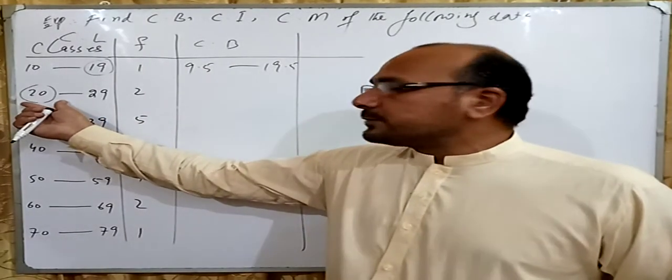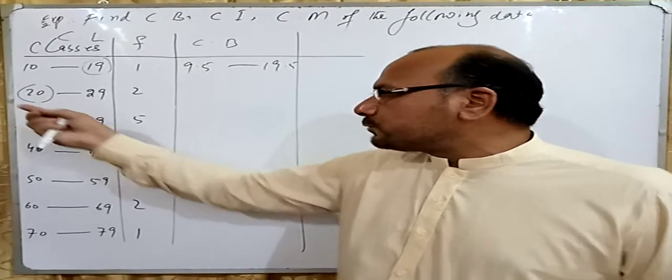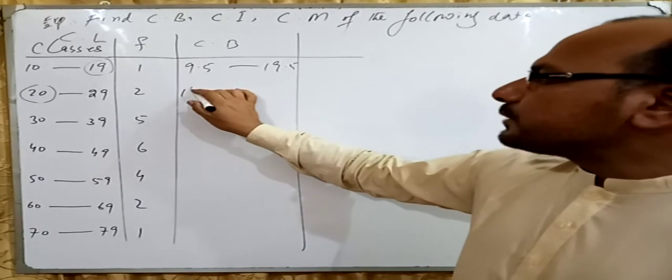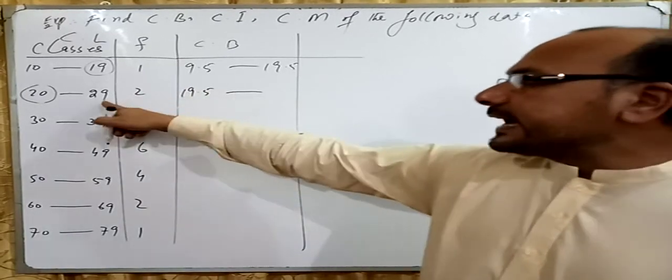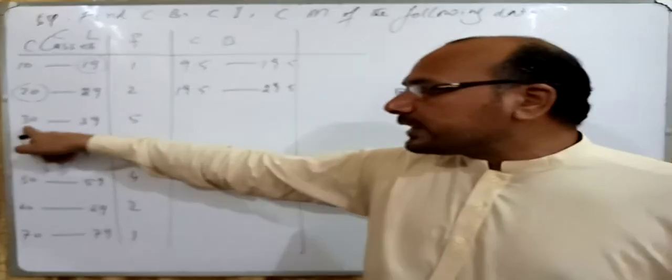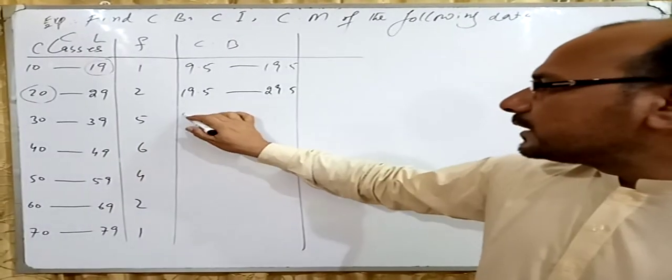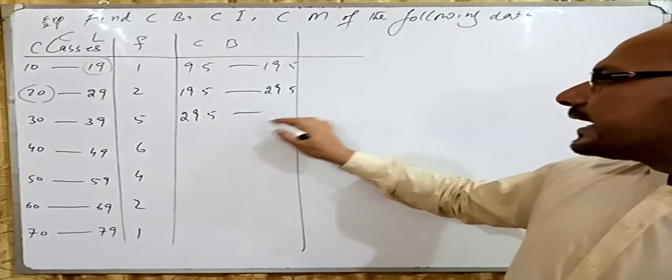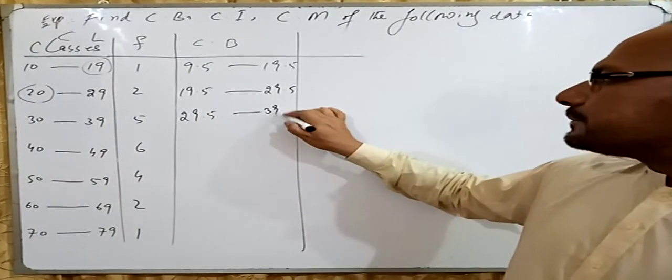In the next class, if we subtract 0.5 from 20, it becomes 19.5, and 29 becomes 29.5. If we subtract 0.5 from 30, it becomes 29.5, and this becomes 39.5.